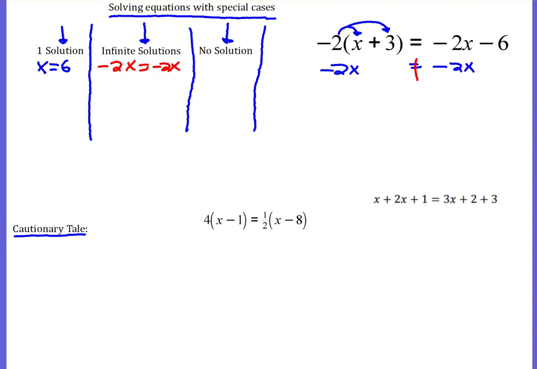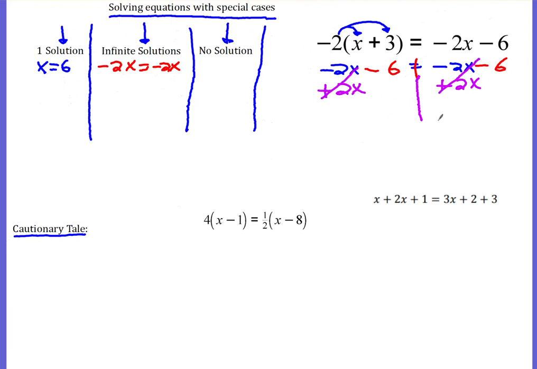So let's replace my negative 6 back again. And at this point, I could have said, well, I don't want to deal with the negative 6's yet. I'm instead going to deal with the variables. So add 2x to both sides. And that takes those 2x's and wipes them out on both sides.